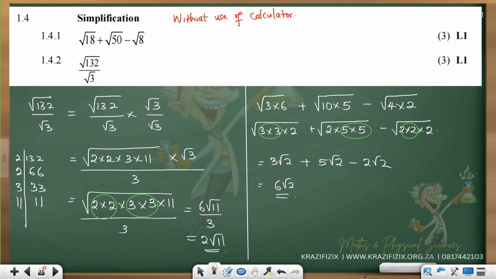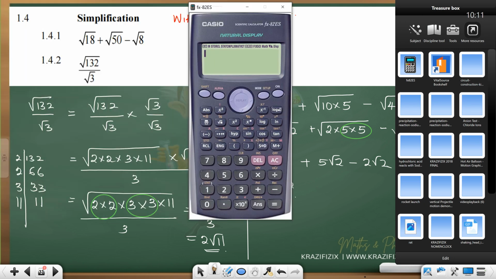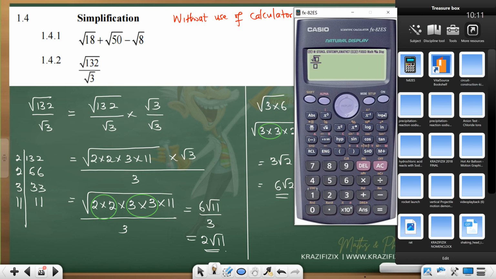Let's see, is this correct? I could do it in a shorter way, but I want to carry everybody along until we start seeing things better. But this is the simplified version, 2 root 11. Did that make sense to us? Please, when the examiner says without the use of a calculator, show all your steps.